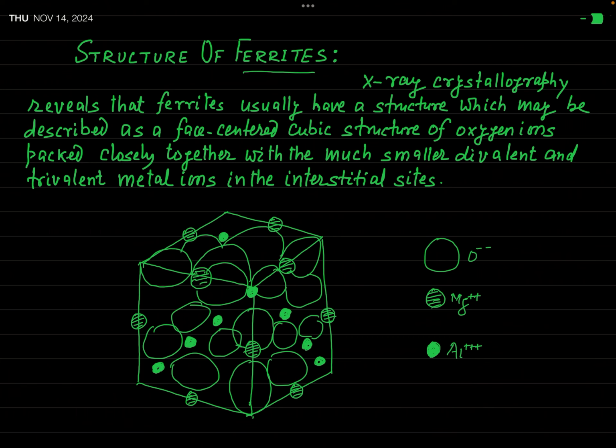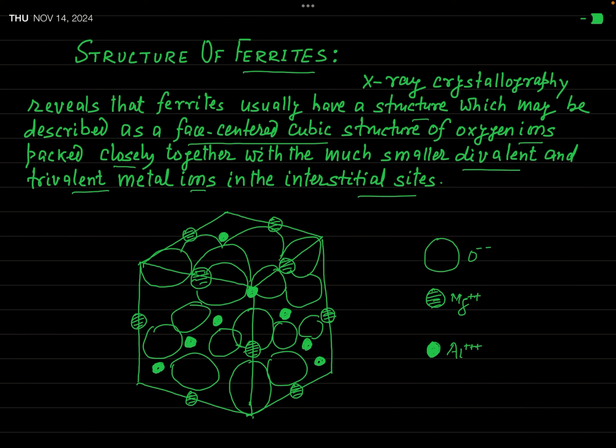It is found that ferrites usually have a structure which may be described as a face-centered cubic, FCC, structure of oxygen ions packed closely together with much smaller divalent and trivalent metal ions in the interstitial sites, as you can see here.